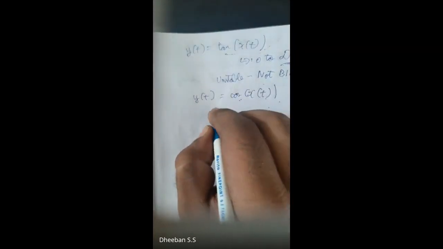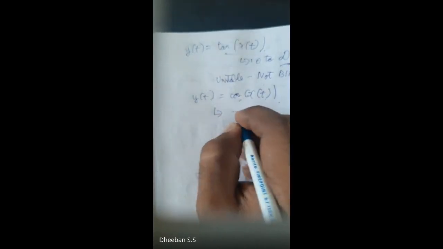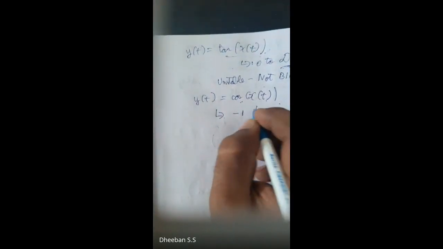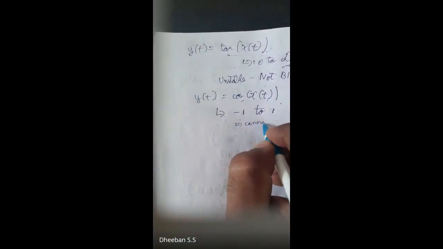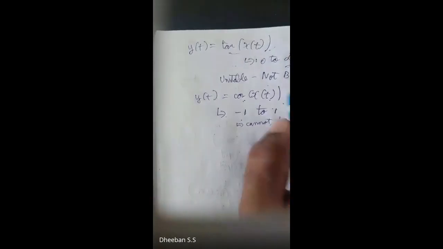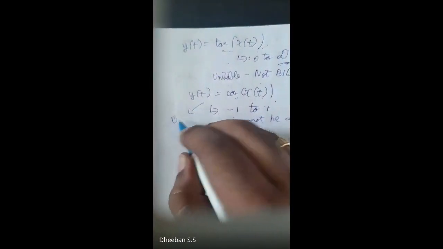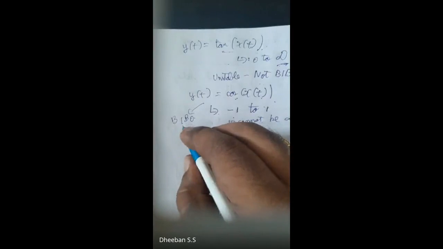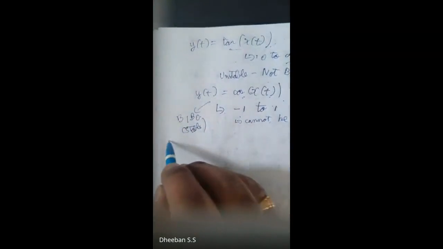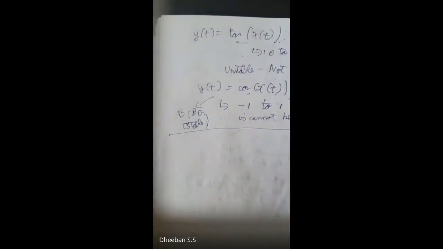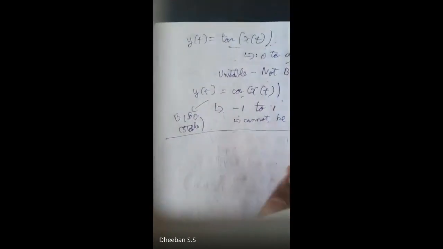So I will say: the range of your cos function is from -1 to 1. It cannot be infinity. So it is a bounded input and bounded output system, so it is a stable system. Okay. That's all with respect to your types of system. I'll be moving on with the next part.